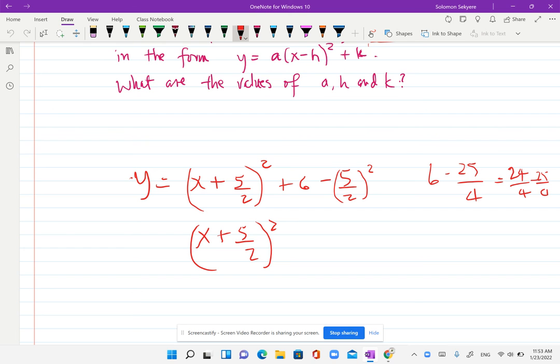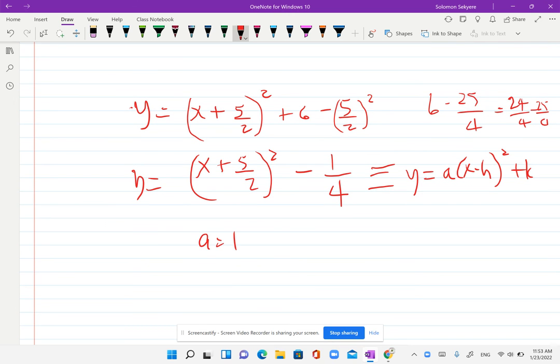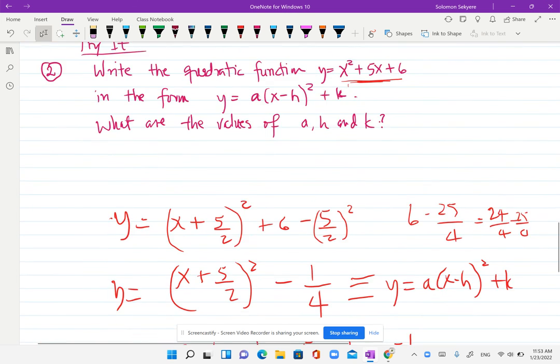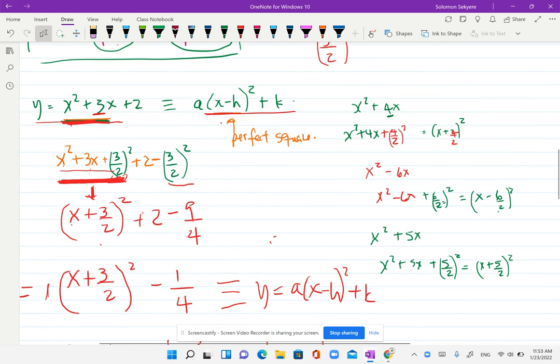So this again is minus 1 over 4. So then if you compare to a times x minus h all squared plus k, you can say that your a equals 1, h equals negative 5 over 2, and then k equals negative 1 over 4.